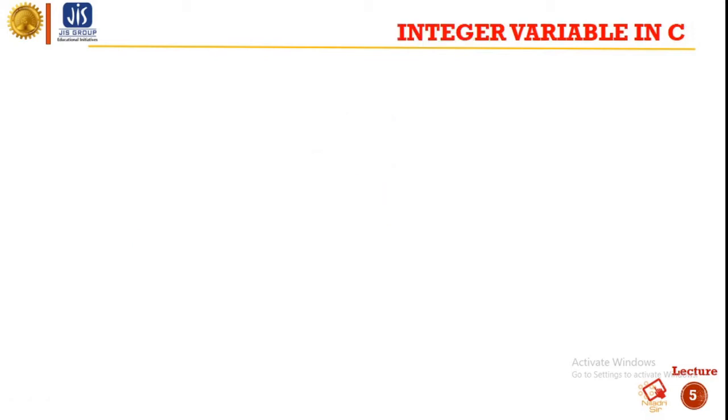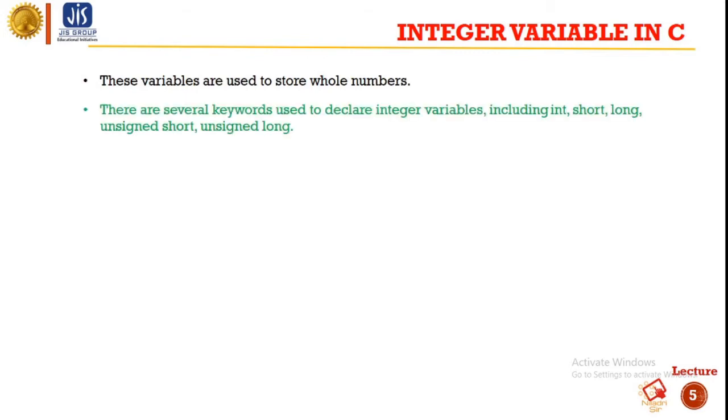Next, what is an integer variable? These variables are basically used to store whole numbers. There are several keywords used to declare integer variables, including int, short, long, unsigned short, unsigned long. So these are all the data types that are used to store integer variables.